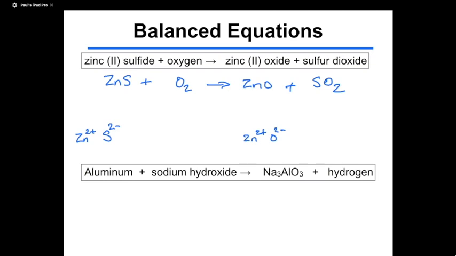Now, I got to go back and balance. Now, here's a booger. 1 zinc balanced. Great. 1 sulfur balanced. Great. 2 oxygens on this side, right? How many do you have on this side? 3. Booger. There's a 3 on one side, that is odd, and a 2 on the other side, that is even.